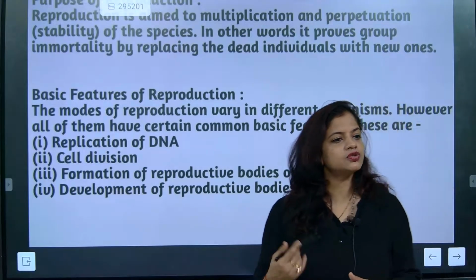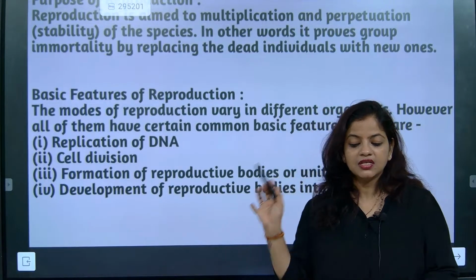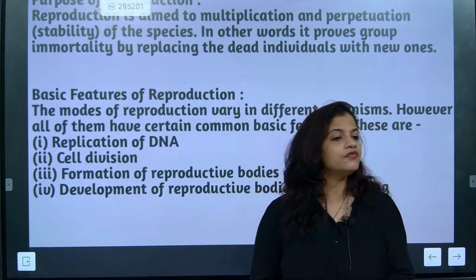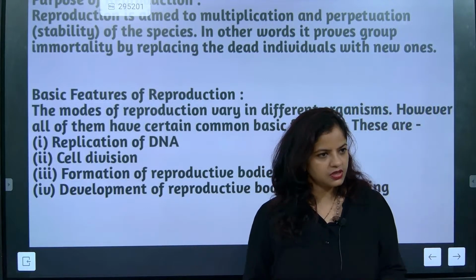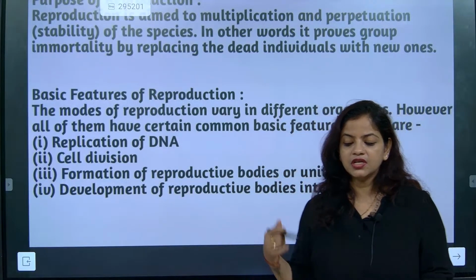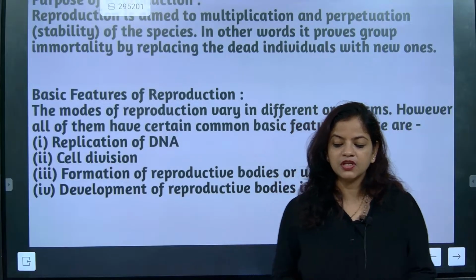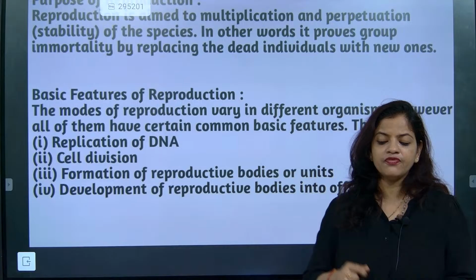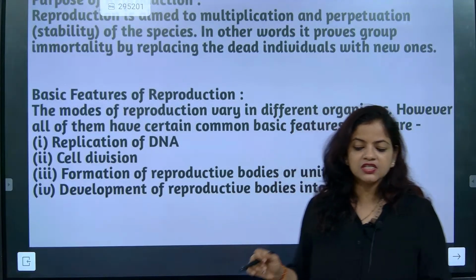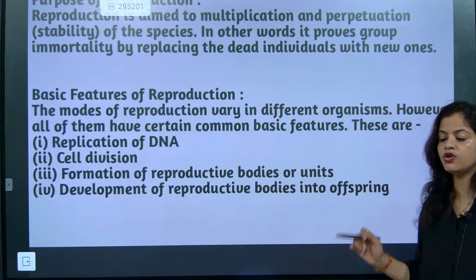Means DNA has to replicate for reproduction. Second is cell division. Cell division is also one of the basic factors for reproduction. Understood? Cell division is another important factor of reproduction. Next is formation of reproductive bodies or units.